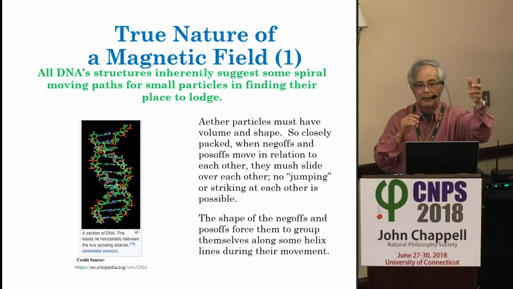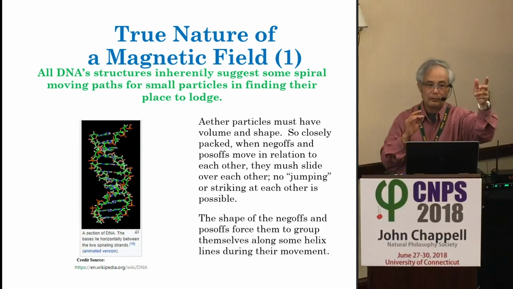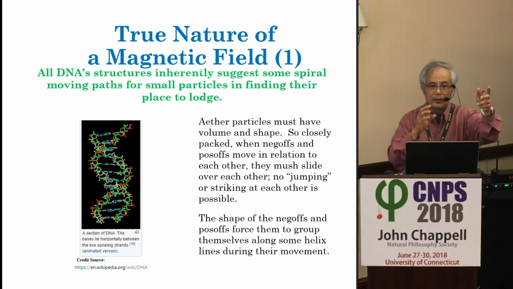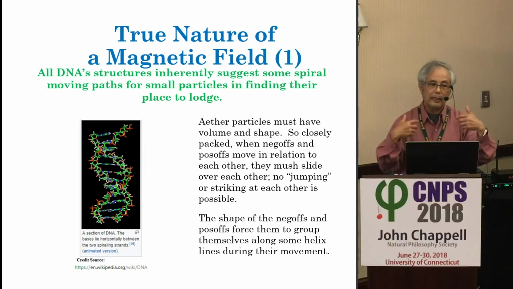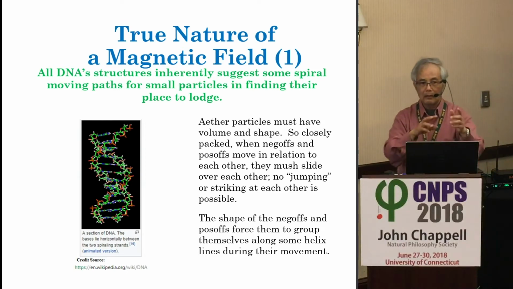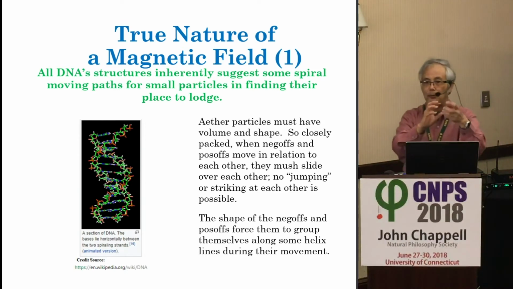When they are affected, they move to a certain extent. But when they move, there must be some pattern for them to move. To me, I imagine that because of the shape of the subparticle, when they move, they will slide on each other, the parts off and the neck off sliding on each other and forming some helical line.